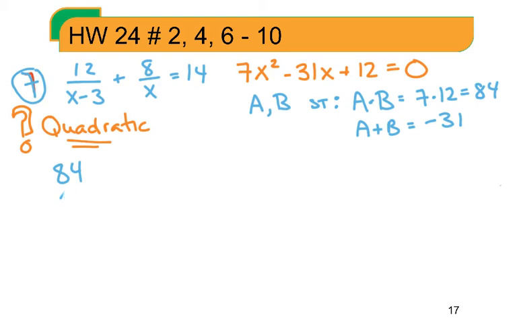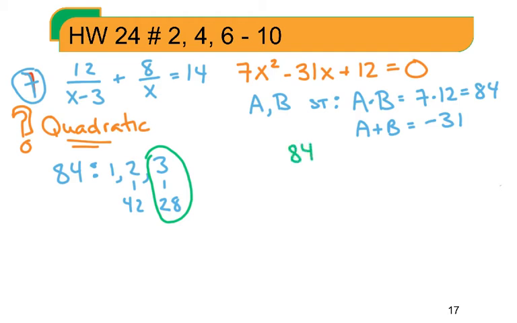Sometimes I do this. Does 1 divide 84? Of course. 1. 2 divides 84. 3 divides 84. 84 divided by 3 is 28. And already I have stumbled upon a pair of numbers that are going to work.